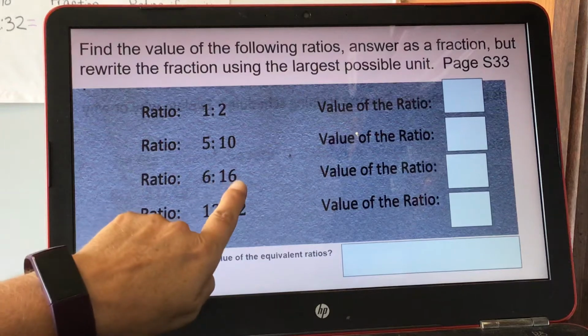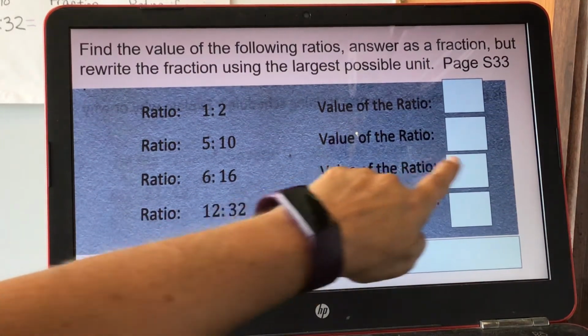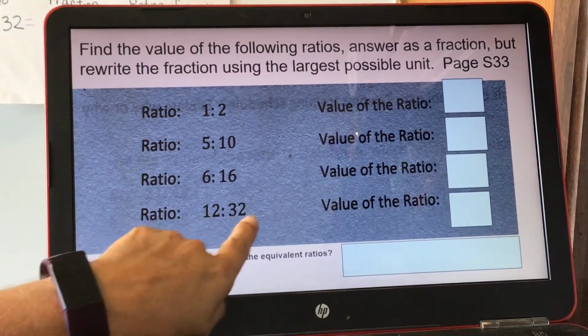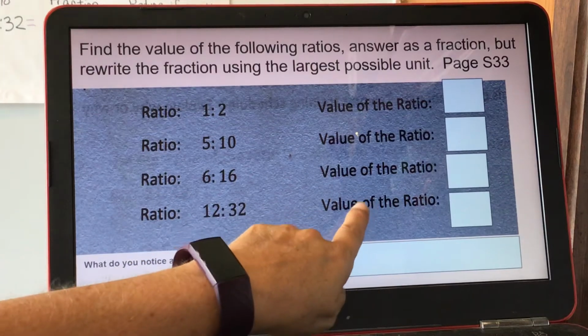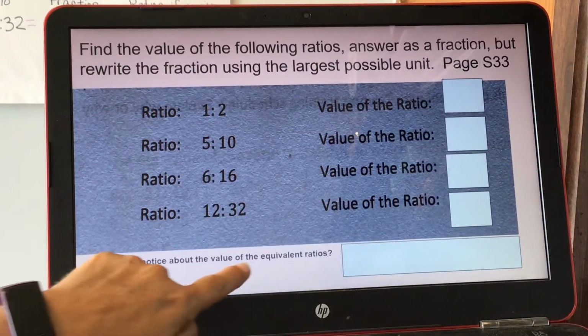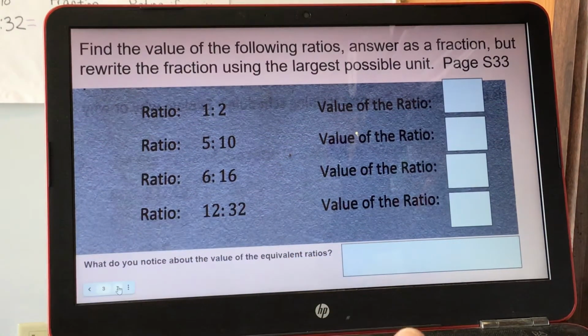Ratio 6 to 16, we reduced it to 3 over 8. That would be your value of a ratio. And the ratio 12 to 32, we reduced it, and the value of the ratio was 3 over 8. And what do you notice about the value of the equivalent ratios? The value is the same, right? Okay.